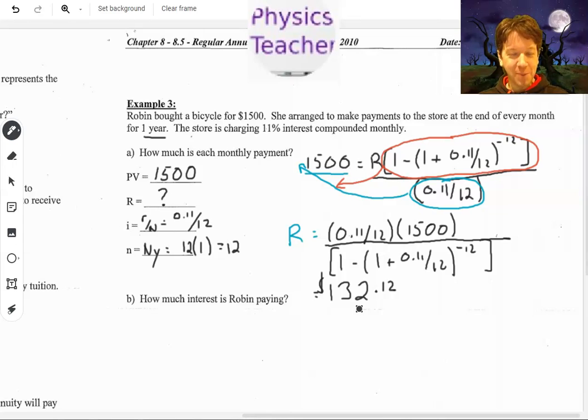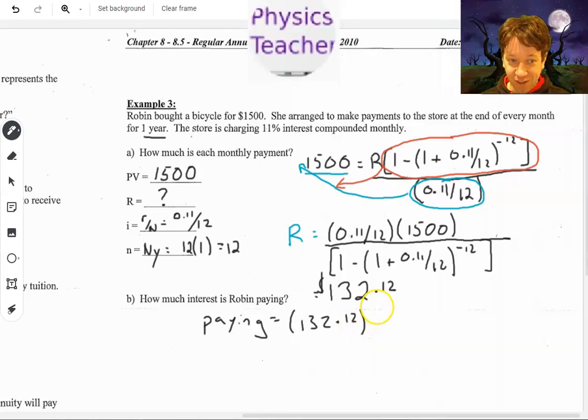I mean, how much extra money beyond this $1,500 are you actually paying? Well, let's see. So how much are you paying? So we are paying that amount of money, $132.12 every month for a year.